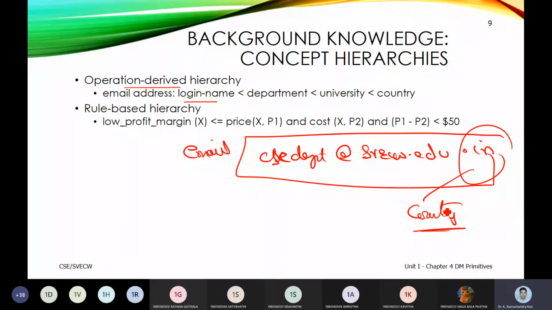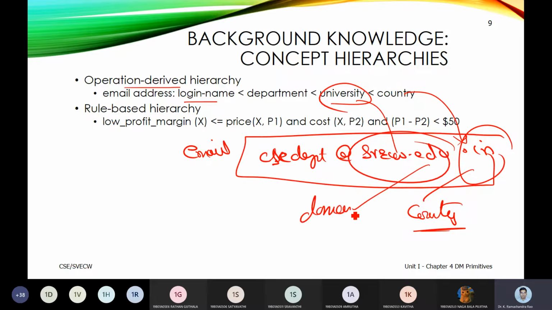Here .in is going to stand for the country. So this is one level. Next one, the university, what we are going to put: svcw.edu, so it belongs to a domain called .edu.